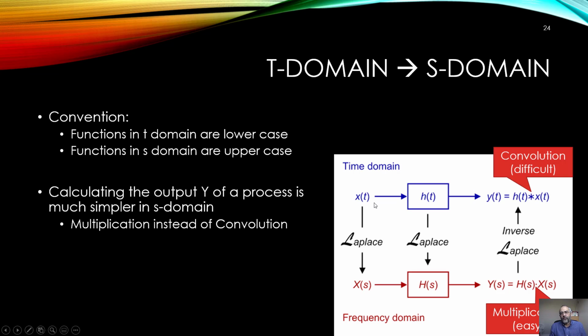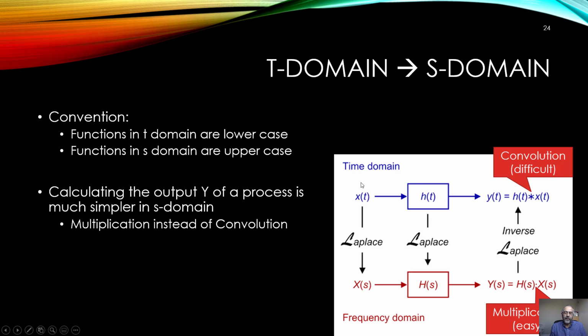So why is that useful? If we do everything in the time domain, then if we know the impulse response function and we know the input, then we can calculate the output by doing a convolution. Difficult, as I said. But we can make it easier for ourselves by first applying a Laplace transform.